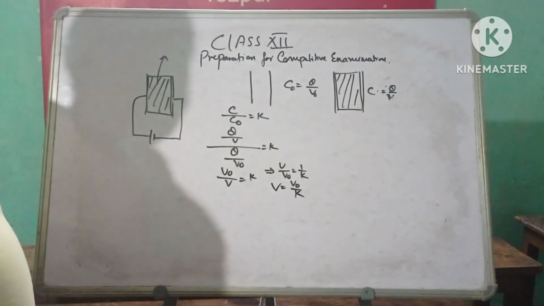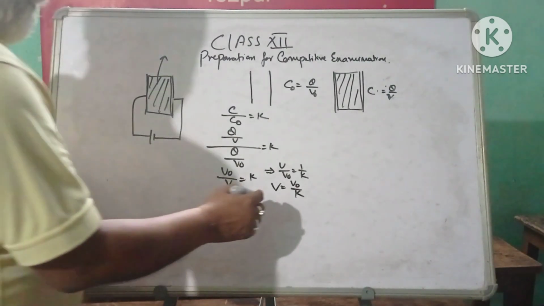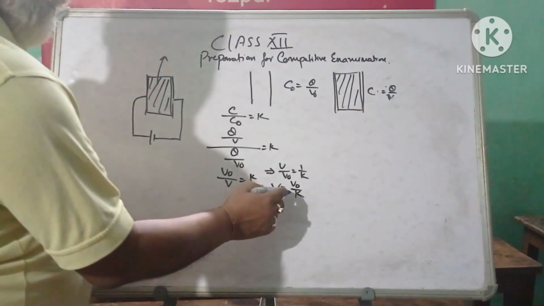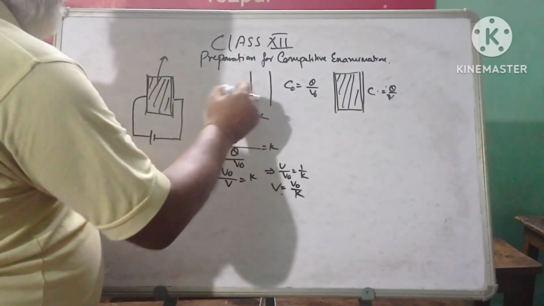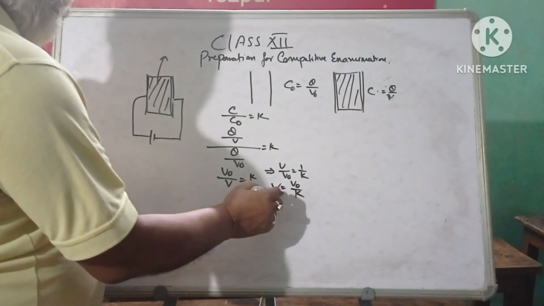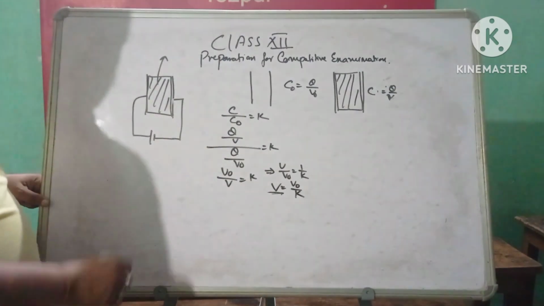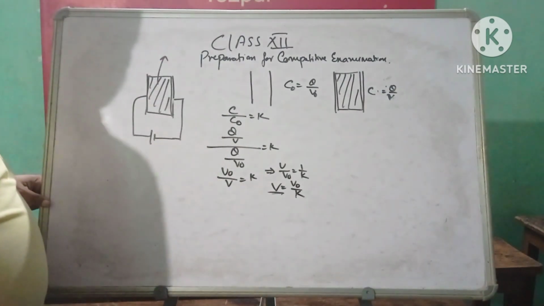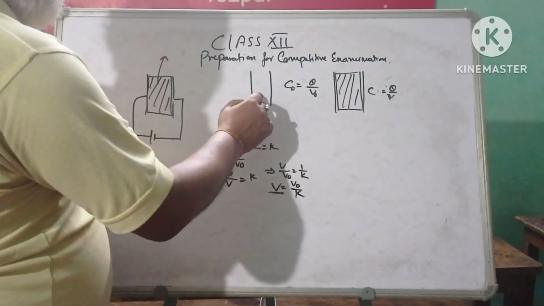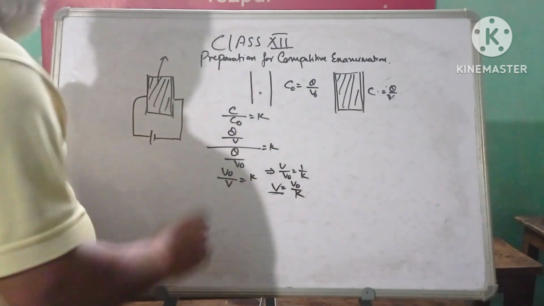When the dielectric was fitted, the potential difference V was less than the initial potential difference. That means when the dielectric was present, the potential difference was less than the original potential difference.